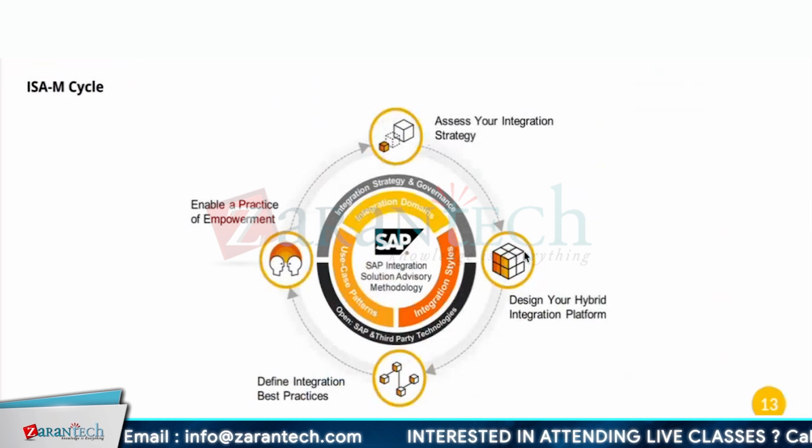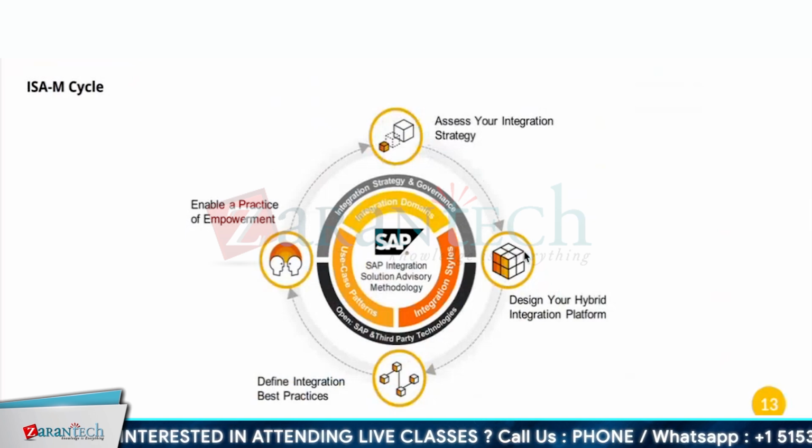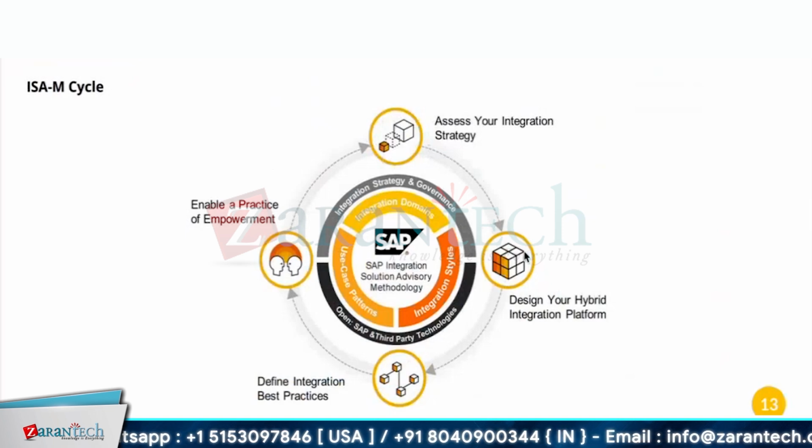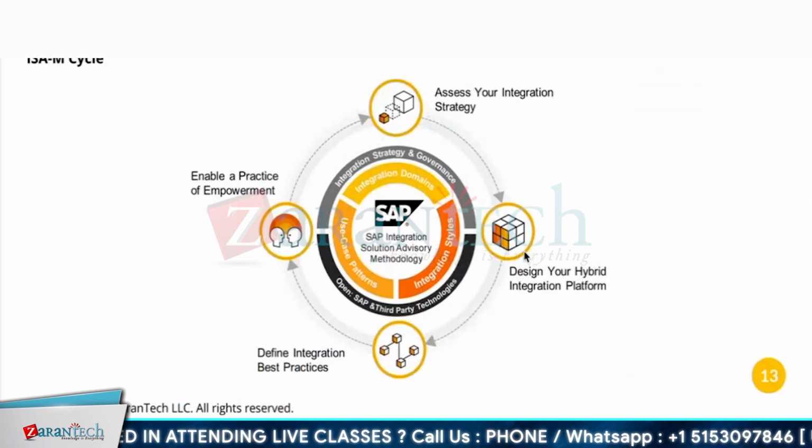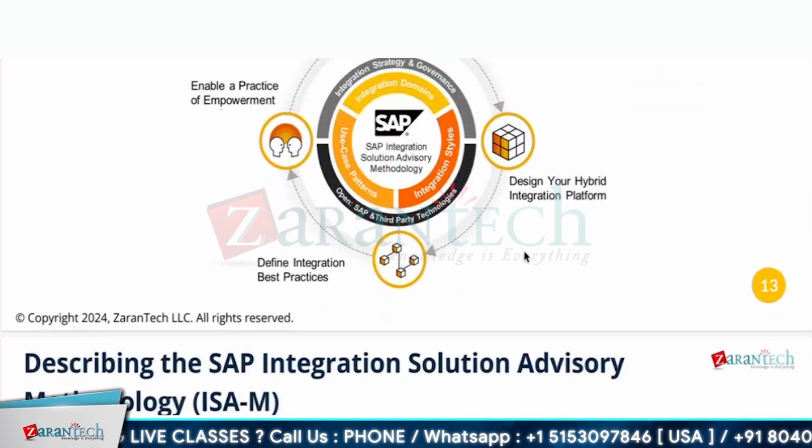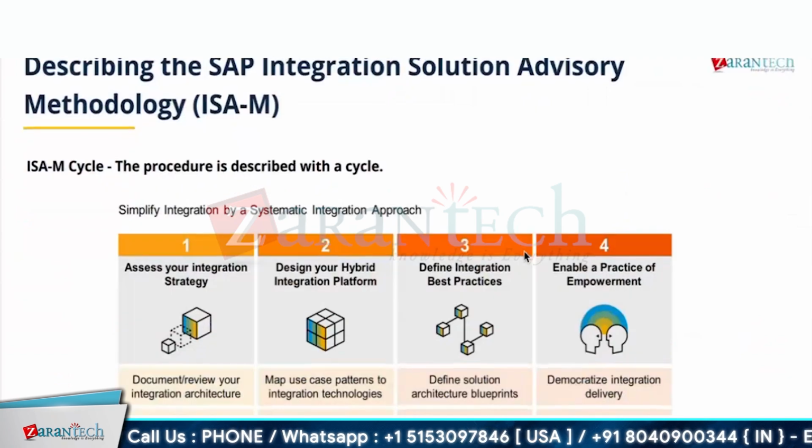SAP is proposing best practices of integration using its own Discover mode, and with the best practices we will enable and empower those practices. With ISAM, its complete cycle is matured, and we can take this solution as a template and, based on the template, start our blueprinting and development.